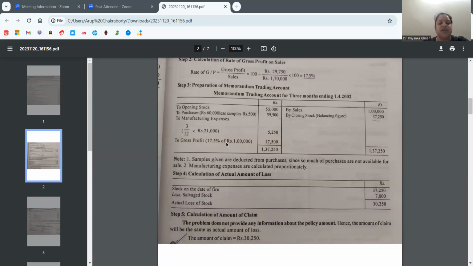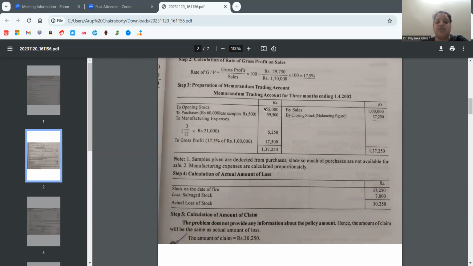Now, gross profit we need to calculate. In step 2, we calculated the percentage of gross profit. Now this percentage we will directly calculate on the sale. So 17.5% on 1 lakh, our gross profit for these 3 months will be 17,500. Now, from the calculation, the balancing figure, we are going to find out the closing stock. First we will do the total of the debit side.